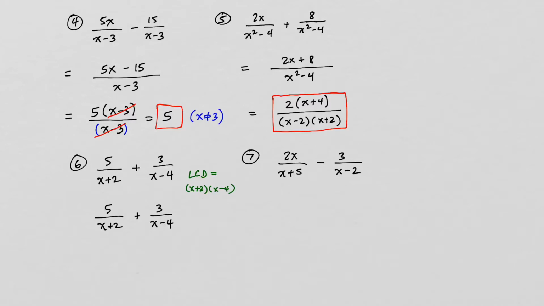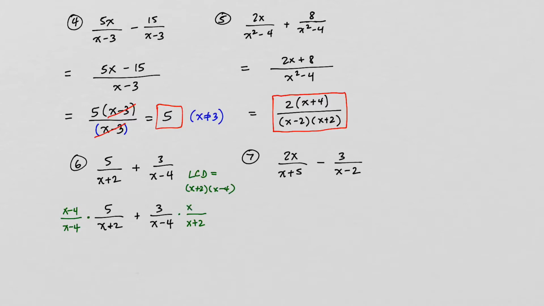So what we need to do to get a common denominator is we need to multiply the first fraction in the denominator by x minus 4. But whatever you multiply to the denominator, you have to multiply by the same thing to the numerator. And in the second fraction, we're going to multiply by x plus 2 to the denominator.